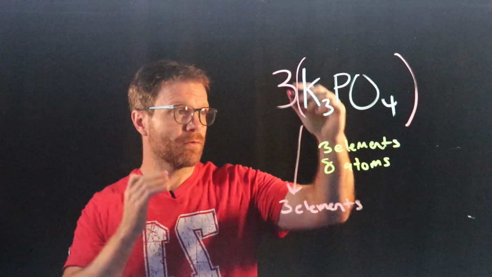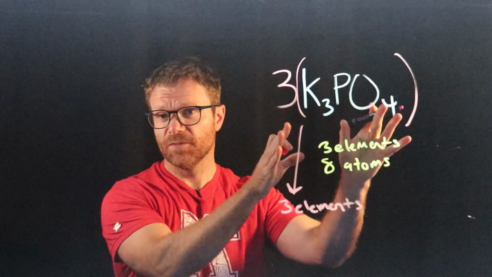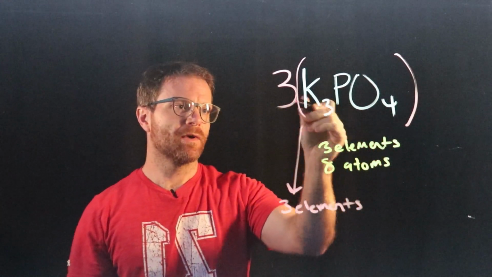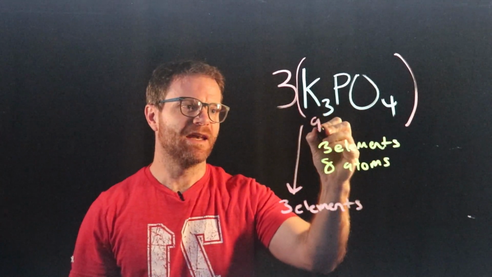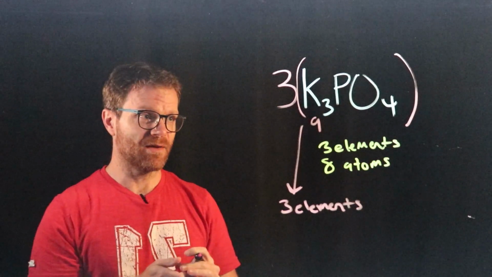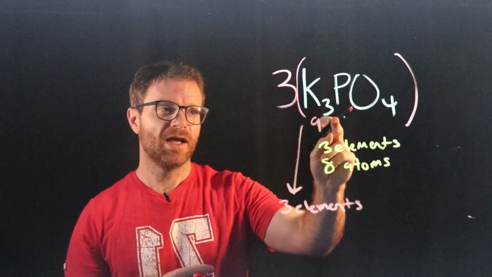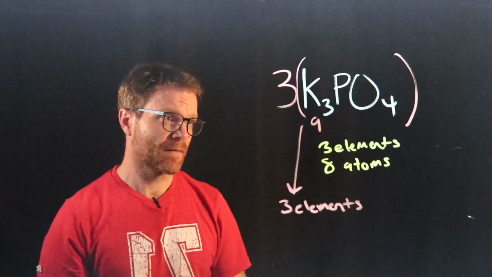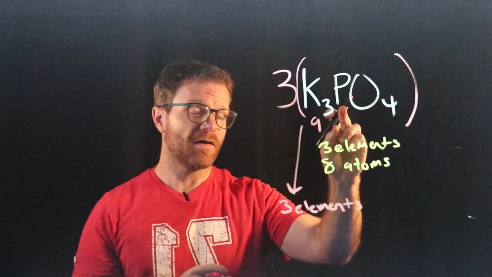So if we have 3 overall potassium phosphate molecules, that means we have 3 times 3, 9 potassium atoms, because each molecule has 3, and we have 3 total molecules. So 3 times 3 is 9. Each molecule only has 1 phosphorus.